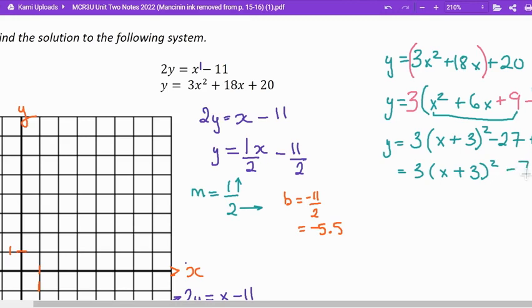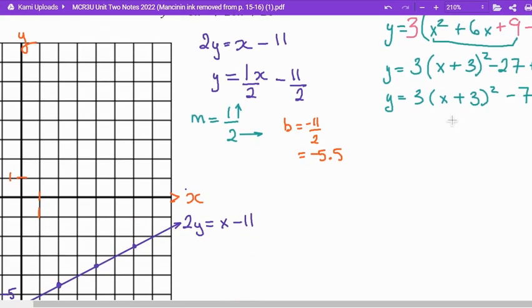Negative 27 plus 20 is minus 7. Okay, so if you struggled with completing the square with this concept that we just did, then go back to the first lesson, review the homework, review the video, right? By now, hopefully you've practiced completing the square enough times that you feel comfortable doing this on your own.